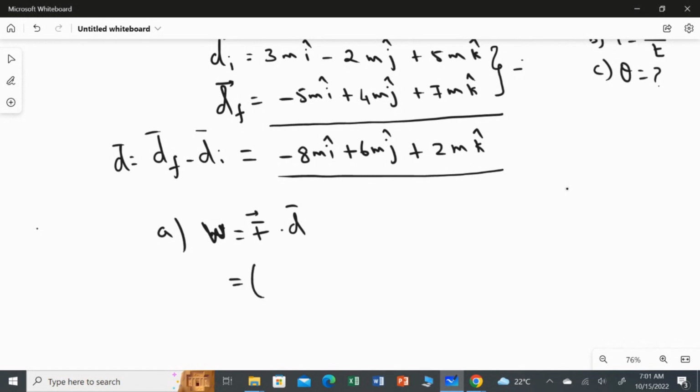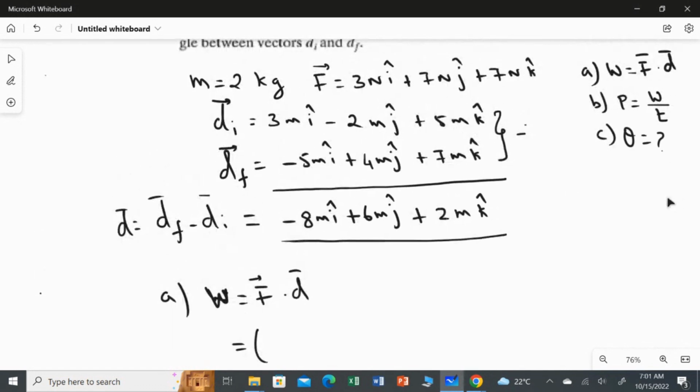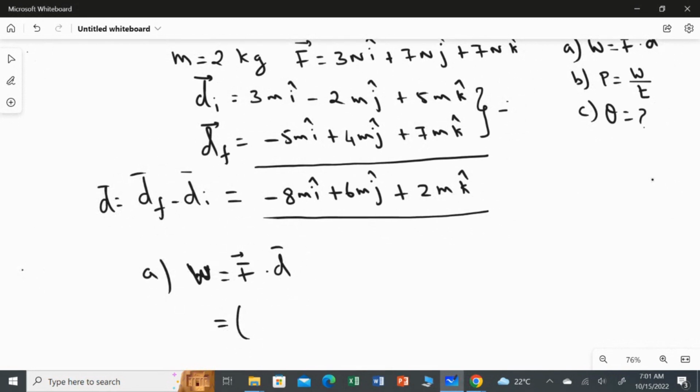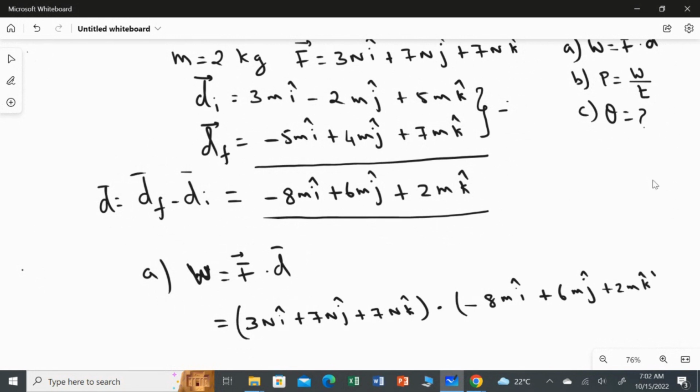I have to see the equation of the force: 3 Newton i cap plus 7 Newton j cap plus 7 Newton k cap, dot product with our displacement vector minus 8 meter i cap plus 6 meter j cap plus 2 meter k cap.